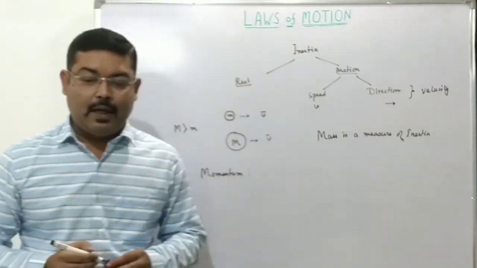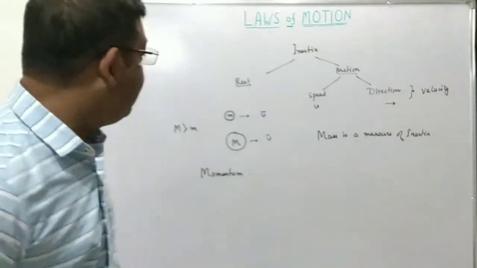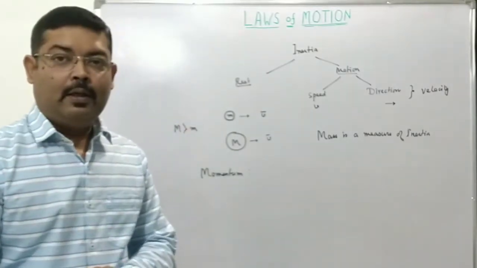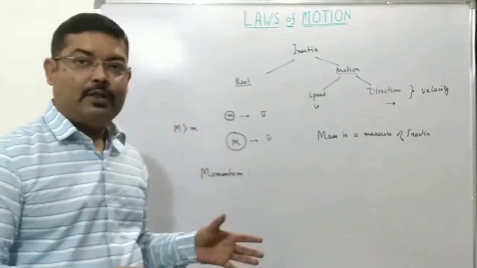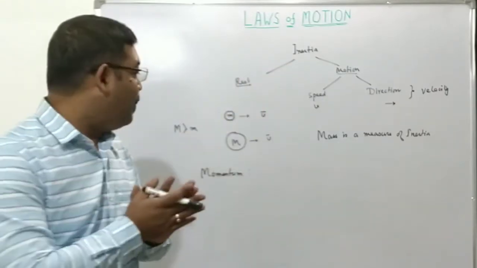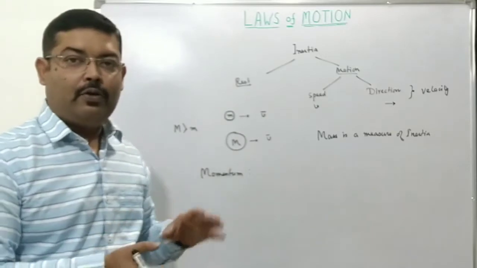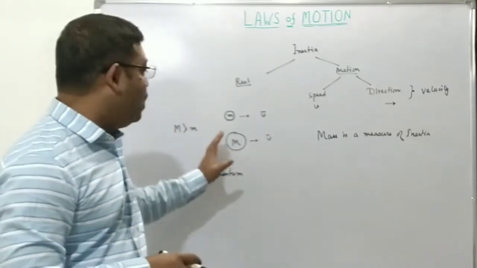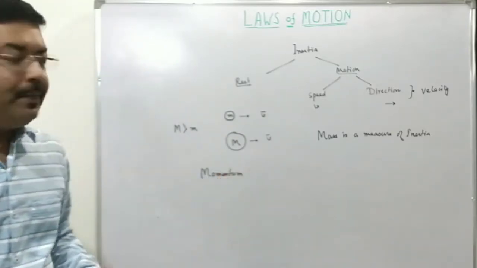which gives us a measure of the entire motion of the object, which means the resistance we require, or the inertia of the object, the amount of force or effort we require to stop the object or put the object into motion with a certain velocity.